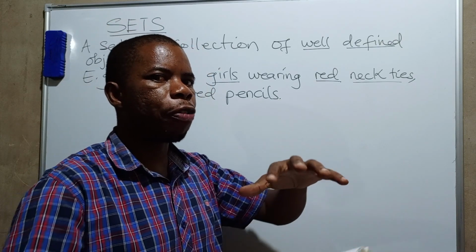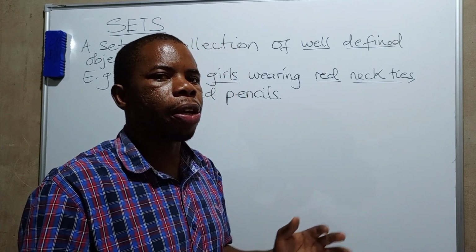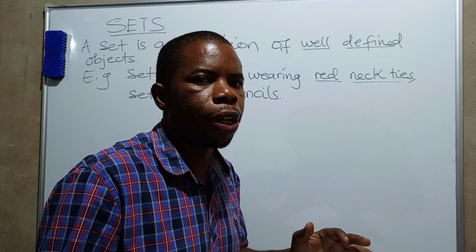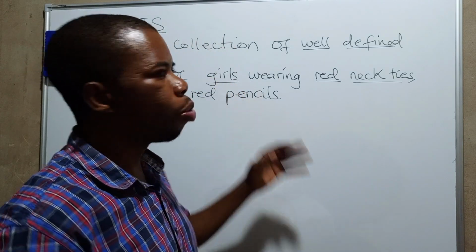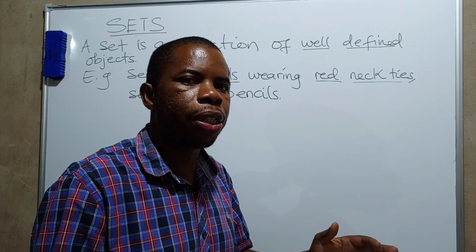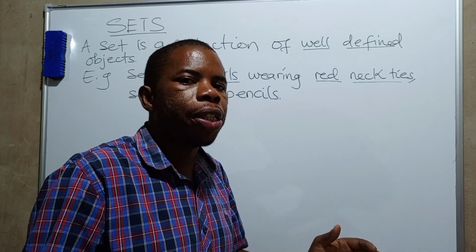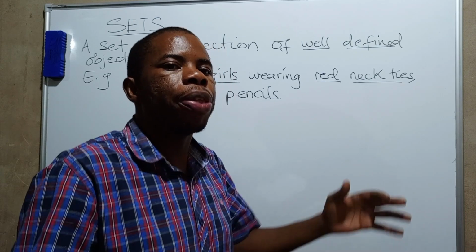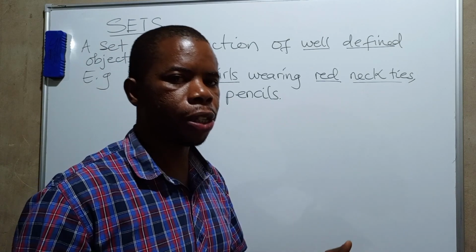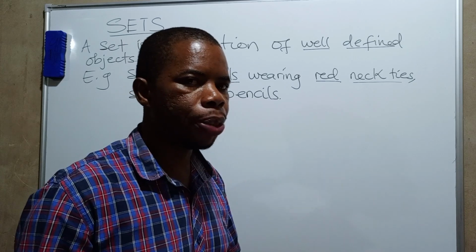It's like we have put all the red pencils together. Even here, like we are at school, we have girls. These particular girls are objects, and they are putting on red neckties, so when you see them, they all look uniform. So that's what we mean when we say a set is a collection of well-defined objects.